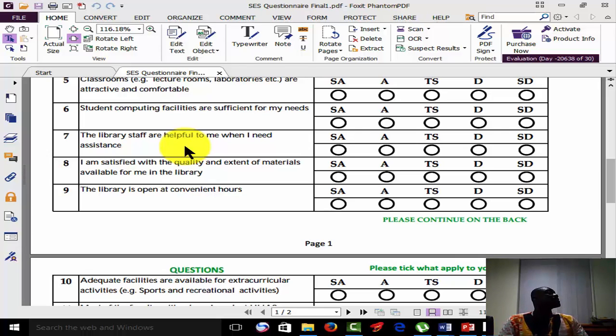Can anybody think of something else that is important to assess if you want to assess the quality of library service in a school? Think of something else that has not been captured with these 3 items.